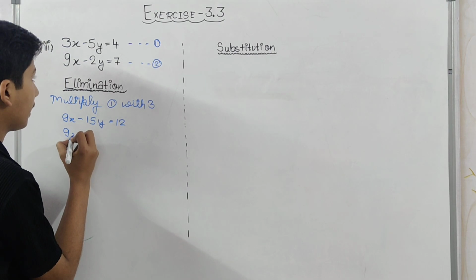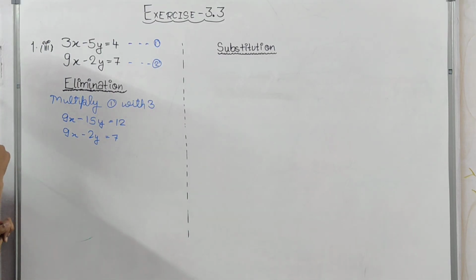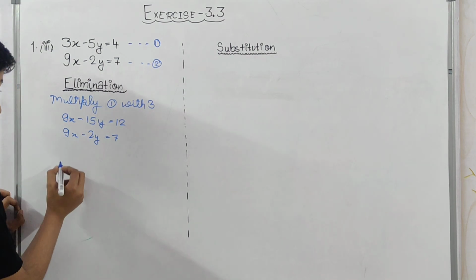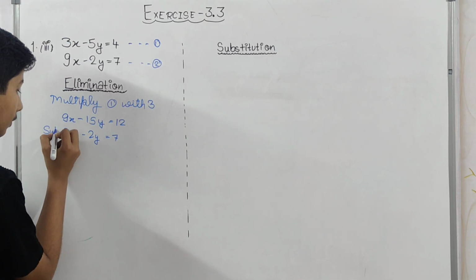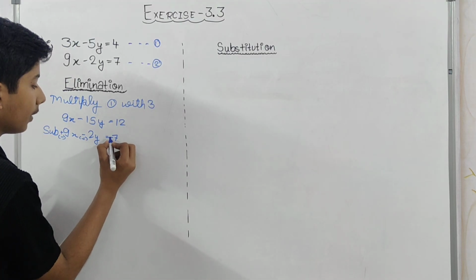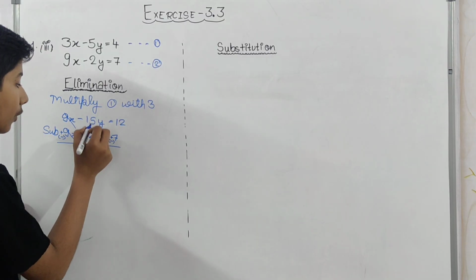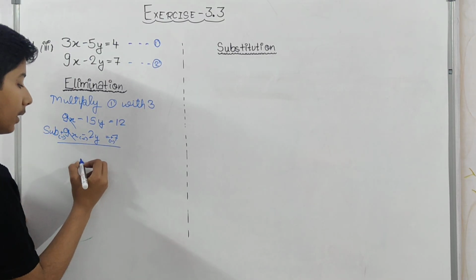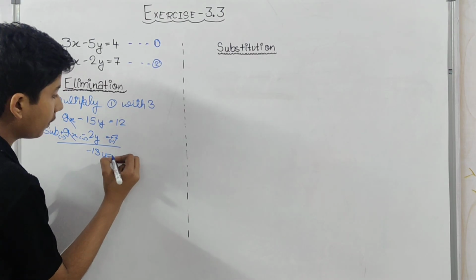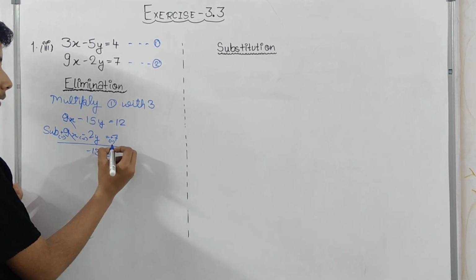And here 9x minus 2y equals to 7. Now what do we do? We will subtract these. So this positive will become negative, this will become positive, this will become negative. Now these get cancelled out. Minus 15y plus 2y means minus 13y, equals 12 minus 7, let me calculate, 5.